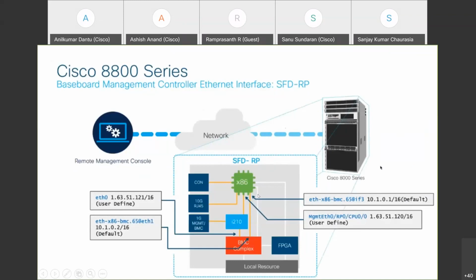In case the RP is not responding, BMC can use the connectivity via the FPGA to reset the RP or fetch the data, the logs and those stuff, from the remote line cards. This is a back channel method available for us internally and for customers also.